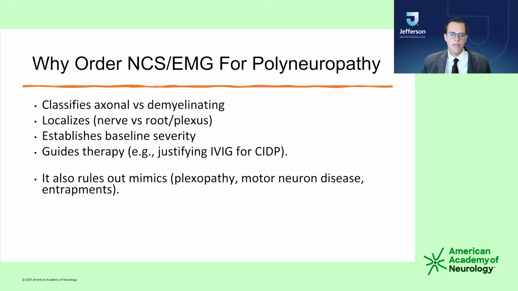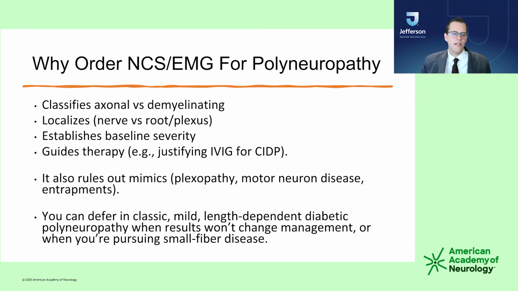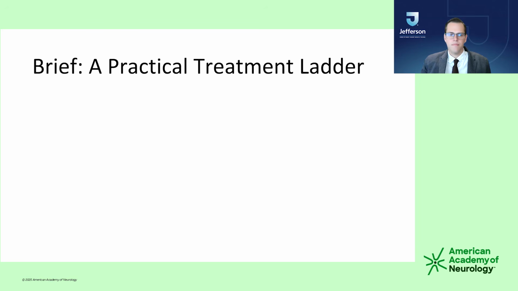It also rules out mimics, such as plexopathy, motor neuron disease, and entrapments. You can usually defer in classic mild length-dependent diabetic polyneuropathy when results won't change management, or when you're pursuing a small fiber disease process. The way I think about it is, if I get this nerve conduction study or EMG, will it change my diagnosis or will it change my management? And that's how I really decide which patients I will get it on.